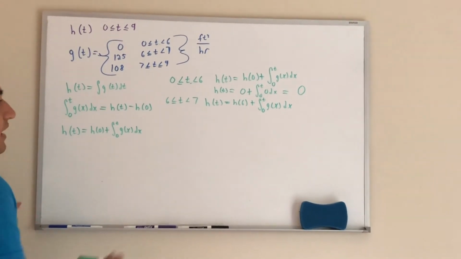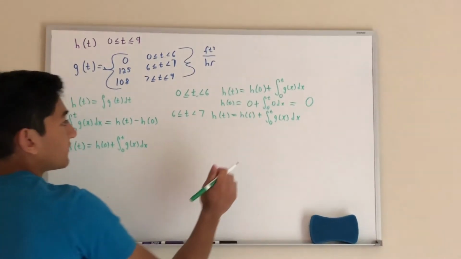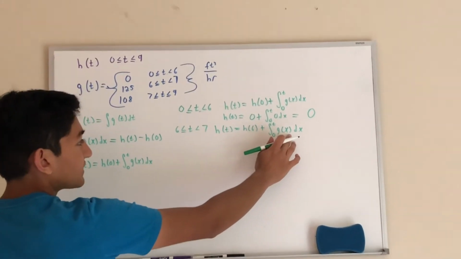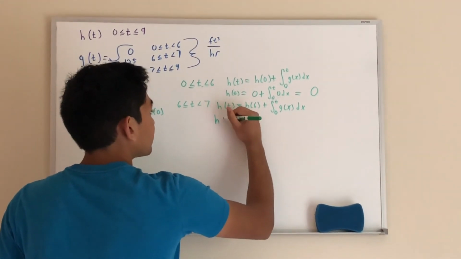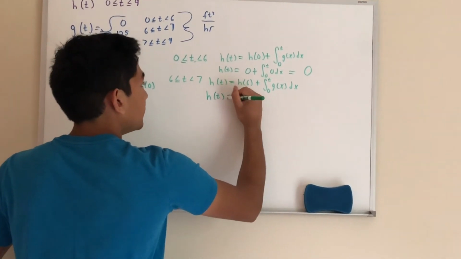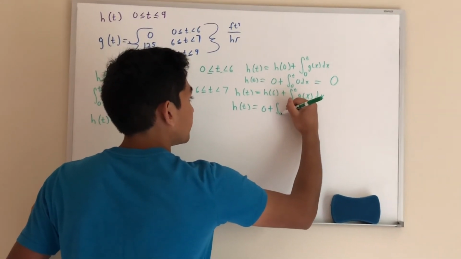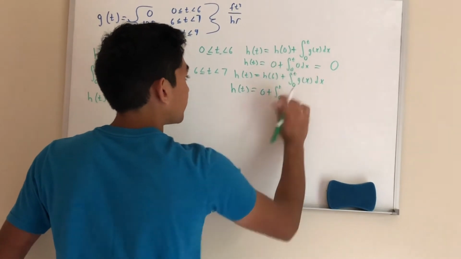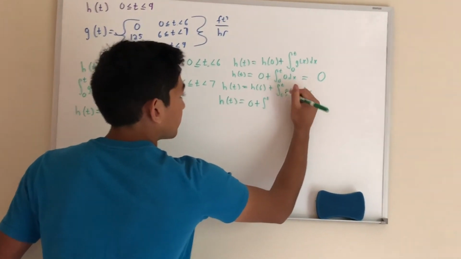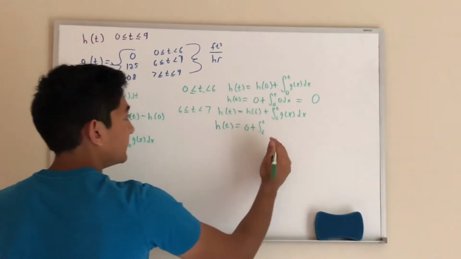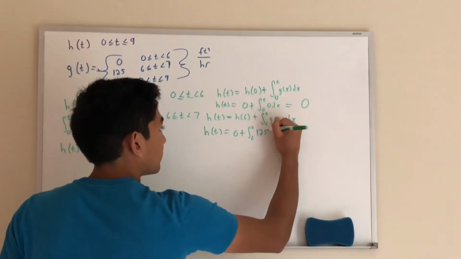We know that at h of 6, we still have no snow on the driveway. And we also know that g of x in this interval will be 125. So we can rewrite this as h of t equals 0 plus the integral, sorry, this should be from 6, because we're starting at 6, from 6 to t of 125 dx.